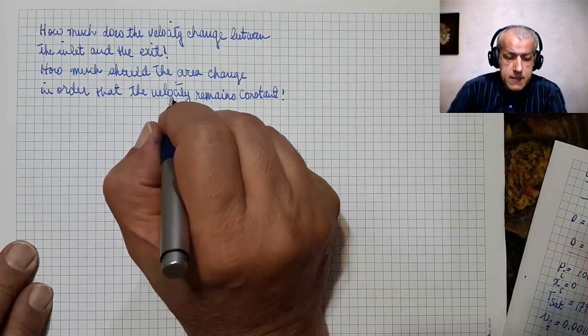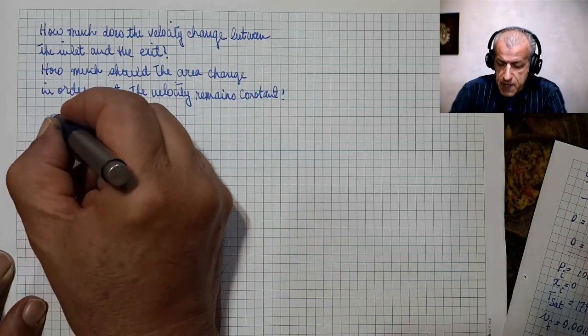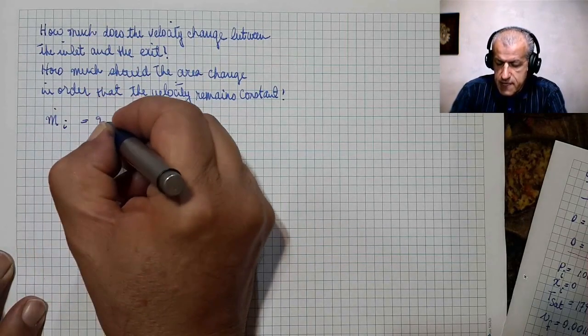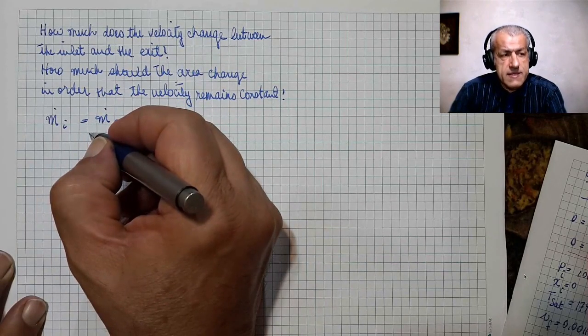And the answer is very simple. We learned that m dot I equals m dot E. The inlet mass flow equals the exit mass flow.